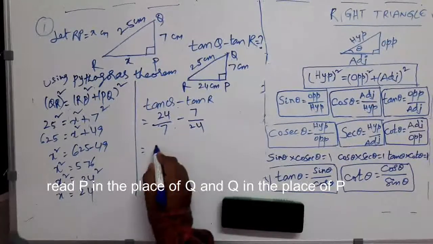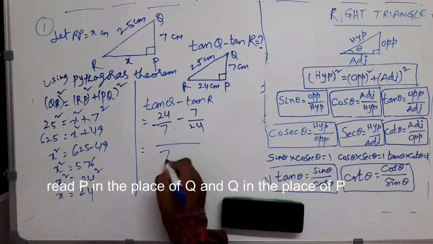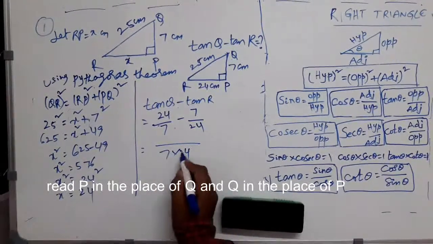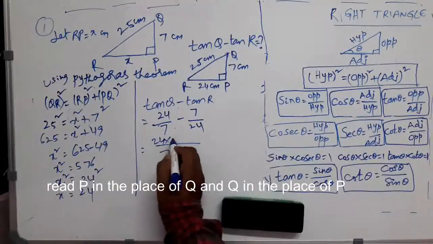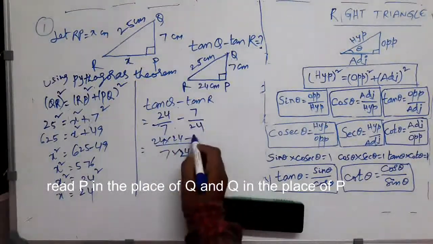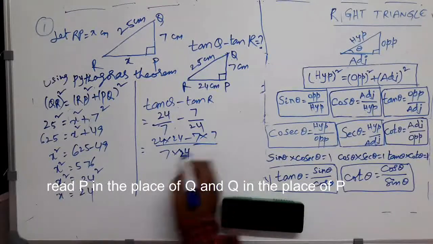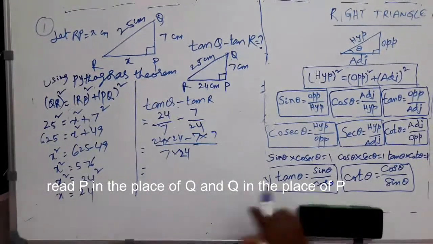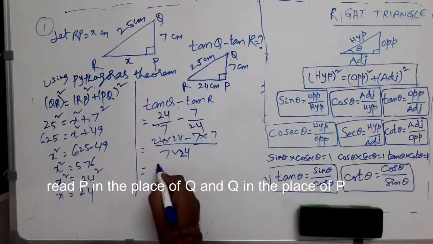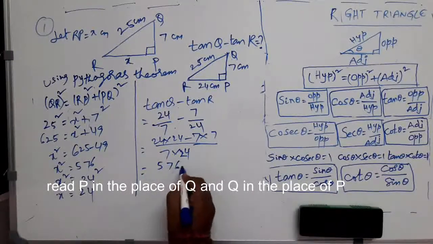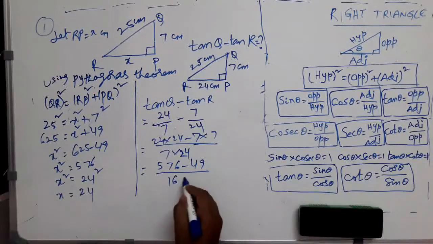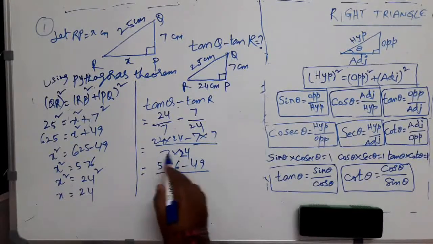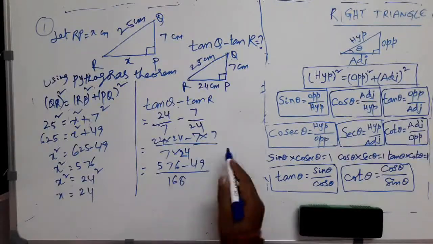What is the LCM? LCM is 7 into 24. Numerator: 24 into 24 minus 7 into 7. Yes, this is 576 minus 7 square is 49, divided by this is 168. 7 times 24 is 140 plus 28, that is 168.